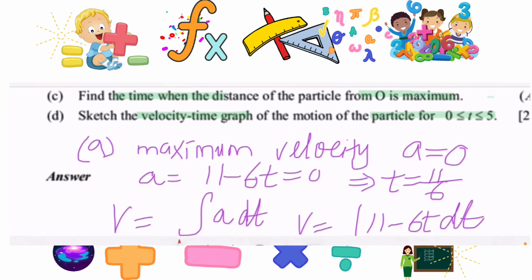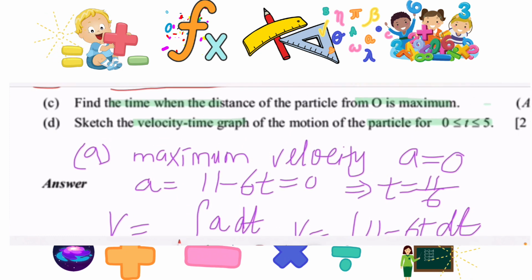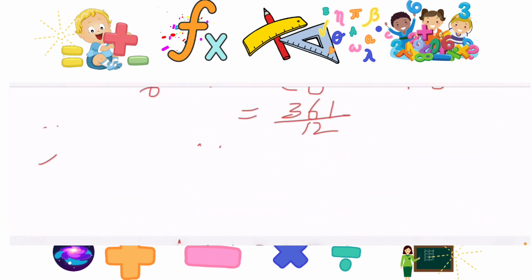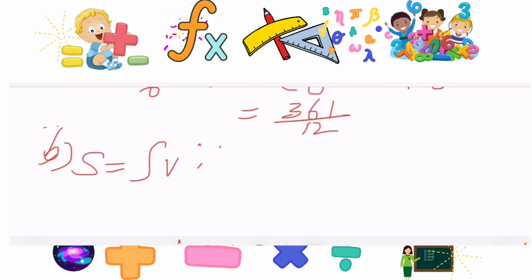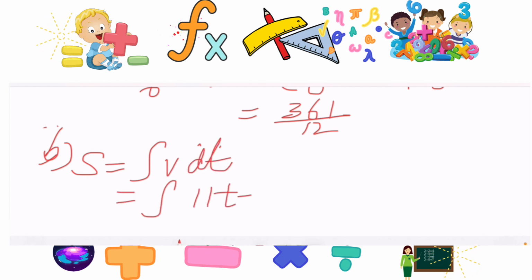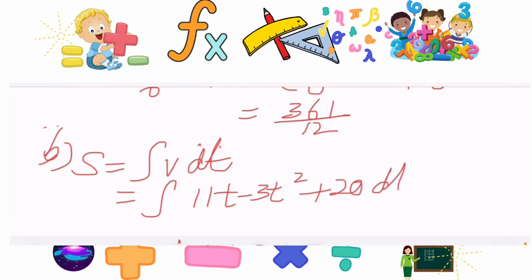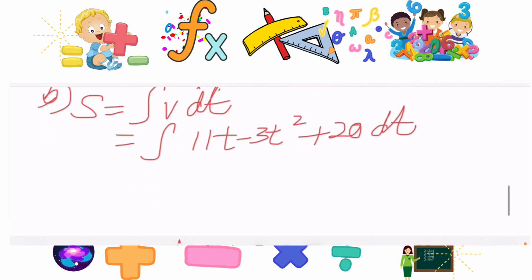In order to find the distance, we need to actually use the velocity. We need to integrate the velocity. So let's integrate it now. Integrate 11t minus 3t squared plus 20 dt.